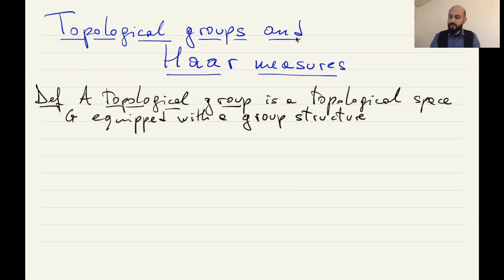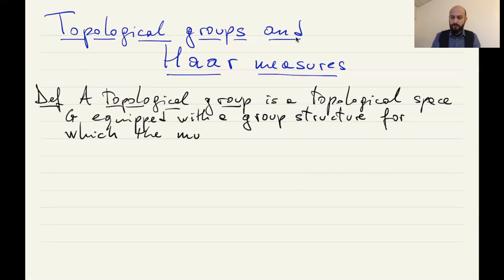This group structure should be compatible with the topology. If you have a group structure, we have the multiplication law and the inverse map.